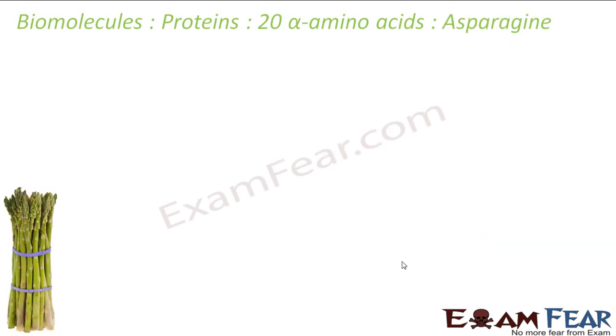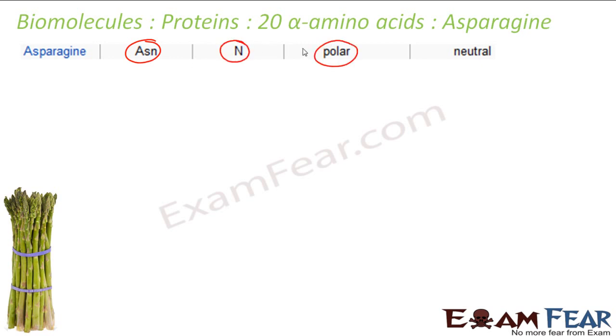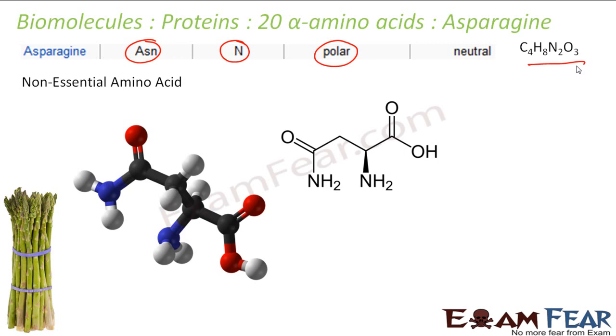Right. The next is asparagine, and ASN is the 3-letter for asparagine. N is the 1 letter. This is polar and this is neutral actually. This is the formula C4H8N2O3. This is again non-essential because the human body can produce this on its own. Why is it neutral?